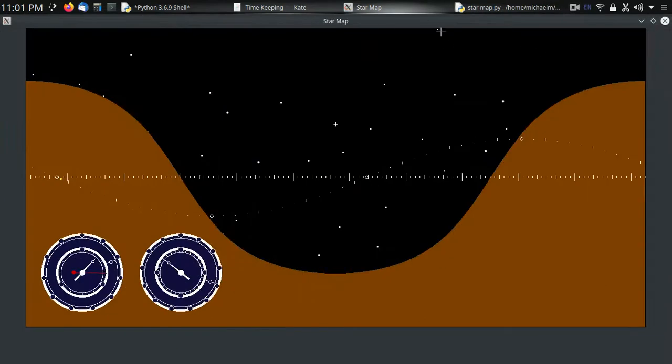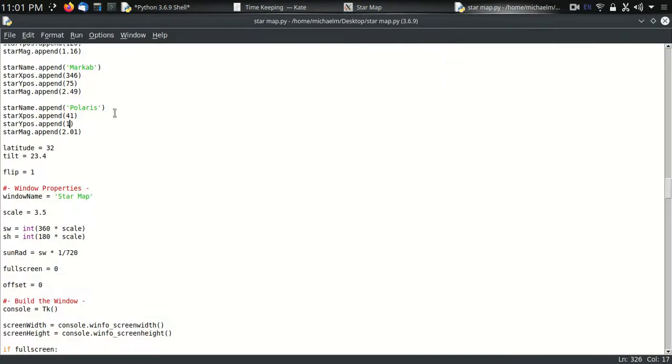Right there. And then the size of the stars is regulated by their magnitudes. It doesn't do anything with their names internally yet. But what this is doing is it's taking that 360 by 180 and scaling it by this factor.